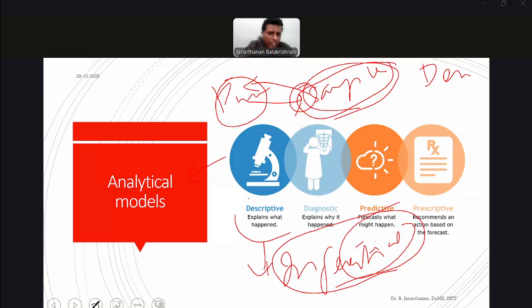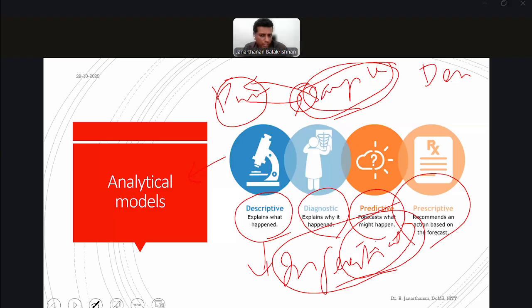Descriptive is exactly reporting a description. Diagnostic is why it happened. Predictive is forecasting. Prescriptive is recommendation. These are something that you have to look at in analytical models. So descriptive studies are there. Diagnostic is going deep into descriptive, or sometimes it can go to inferential also.